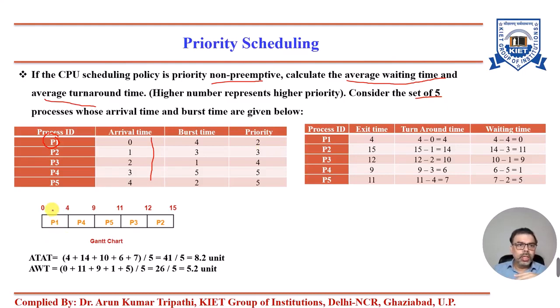So the P1 process will execute its entire burst time and get finished. When it finishes, all processes are in the ready queue.